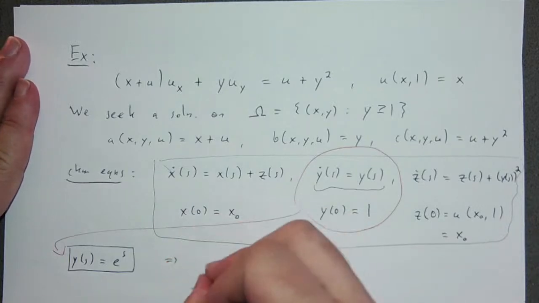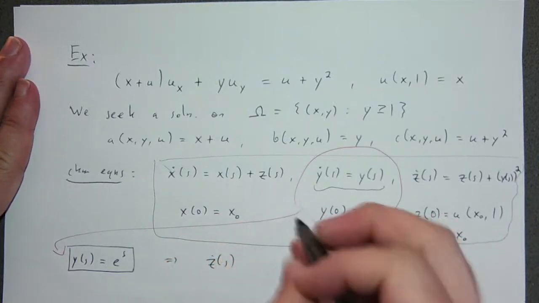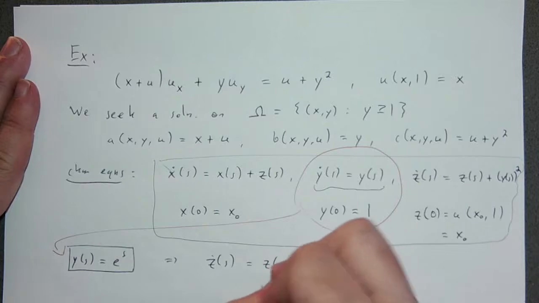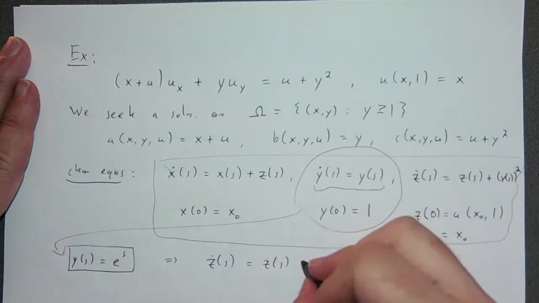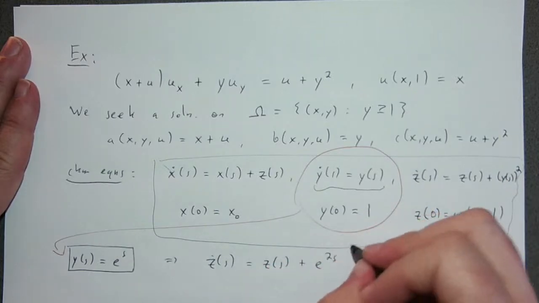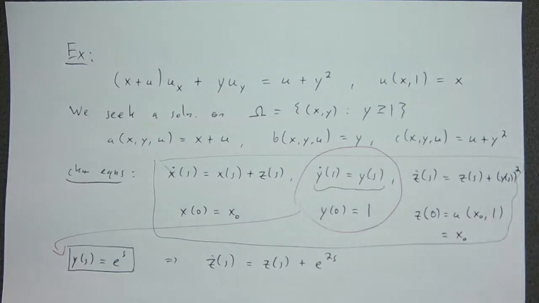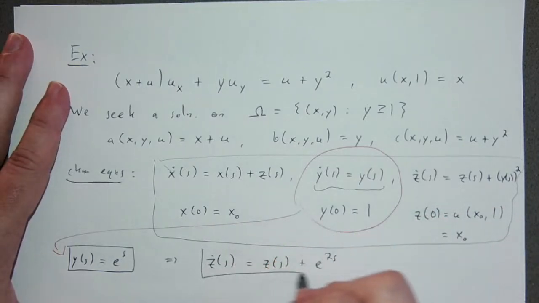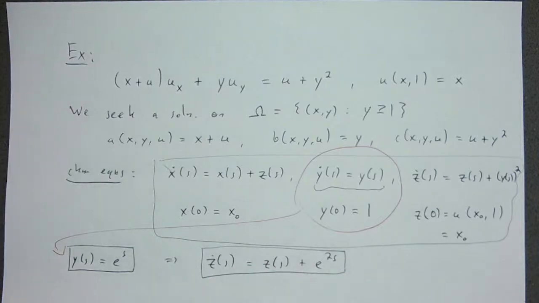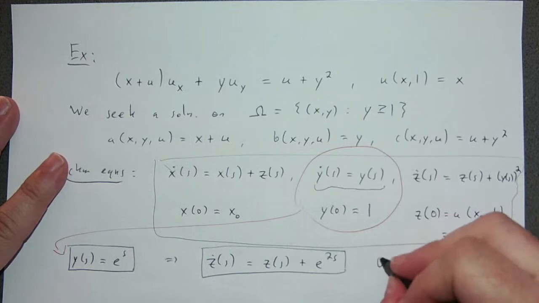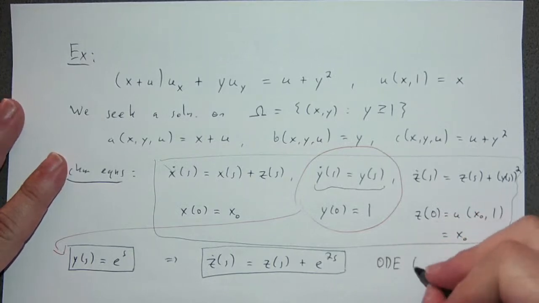So this implies that z dot s is equal to z of s plus y squared, which is e to the 2s, right? This is a first order linear ODE in independent variable s. So ODE solve via integrating factor.